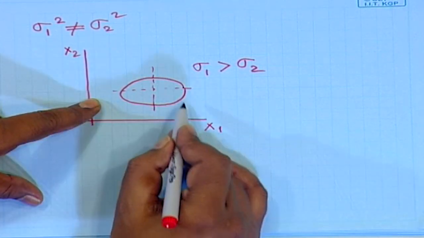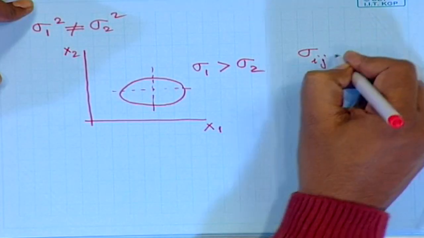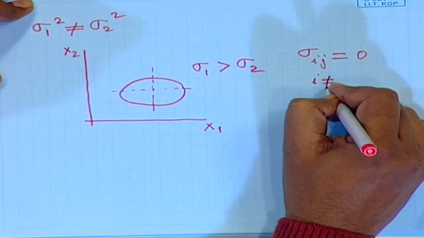Okay. So, this is the nature of the loci of the points of constant density, when my assumption was that different components of the feature vectors are statistically independent. That means sigma ij was equal to 0 for i not equal to j.